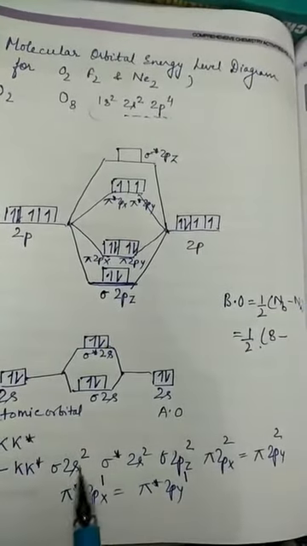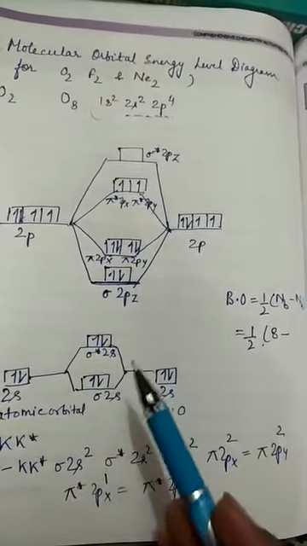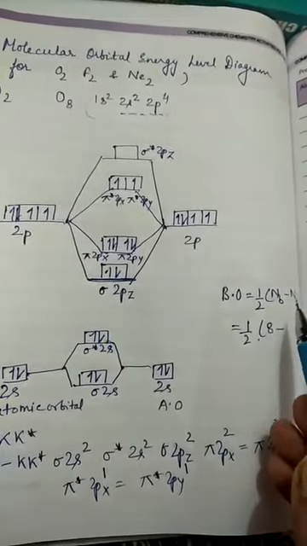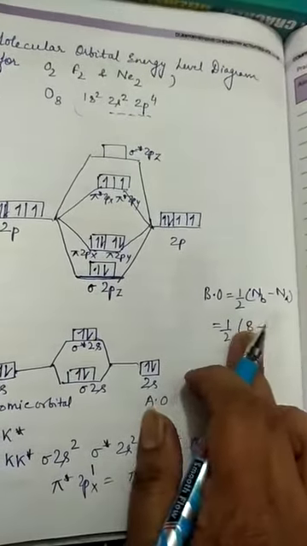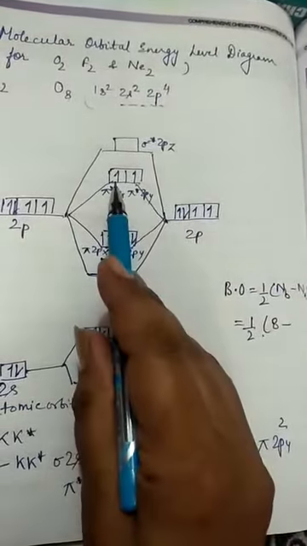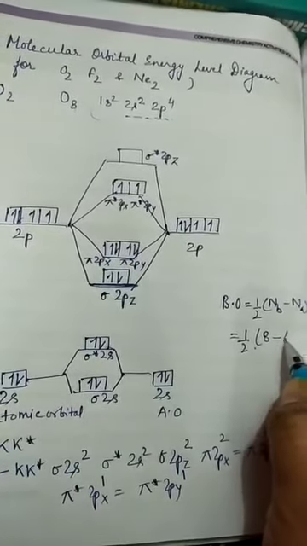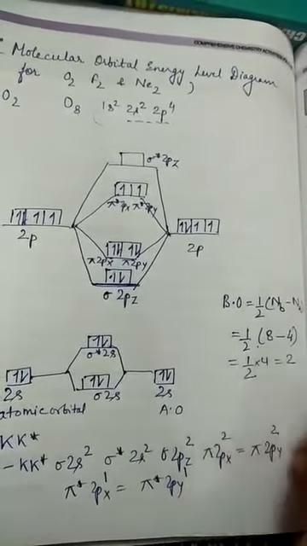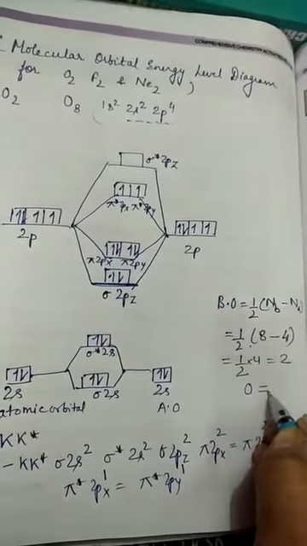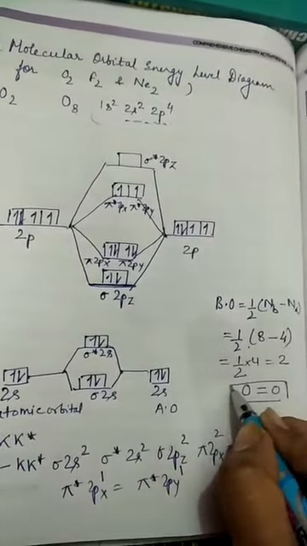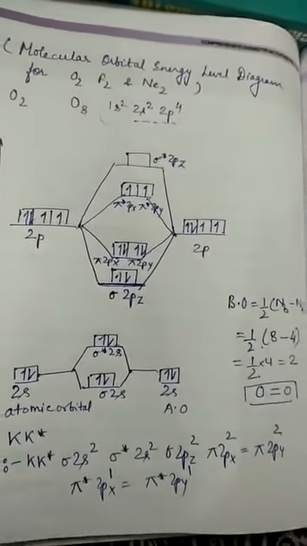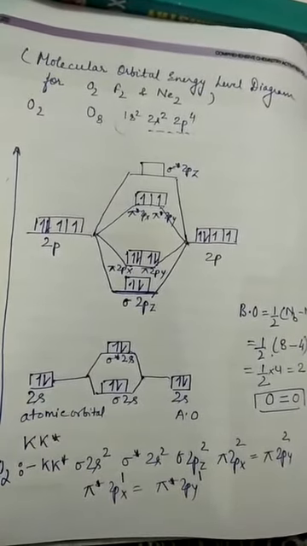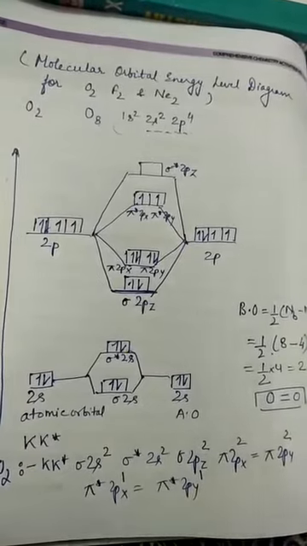You can get it either through the electronic configuration or from the diagram. And how many electrons are there in anti-bonding? That is Na. It is 2, 3 and 4. So you will write down here 4. So the bond order between the two oxygen atoms, students, is 2, a double bond will be present between the two oxygen atoms. Right? So in this way we have calculated the bond order of the oxygen molecule.